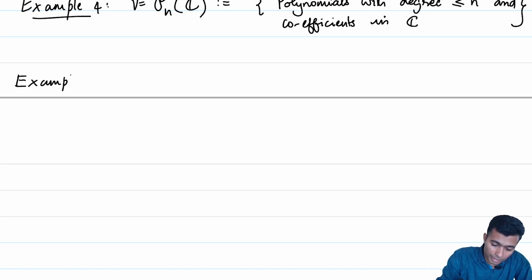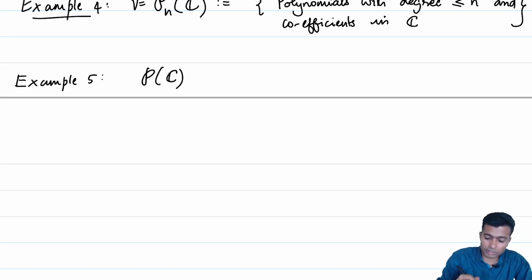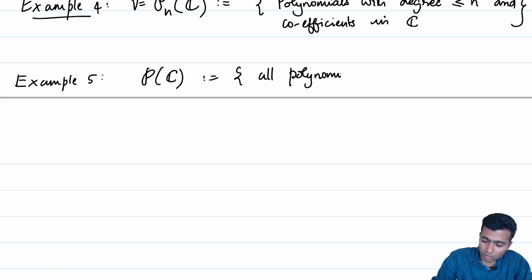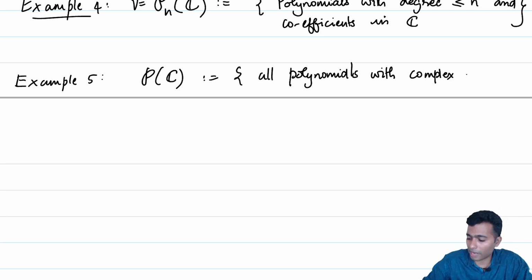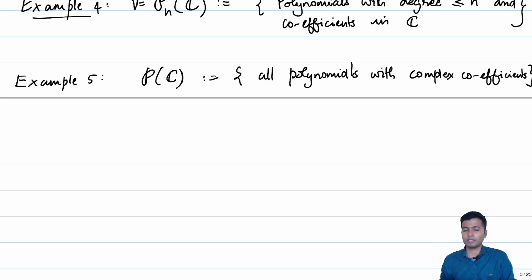Similarly, P(C) is the space of all polynomials with complex coefficients. When I write complex coefficients, it means coefficients in C. So the coefficients of polynomials here could be complex numbers.